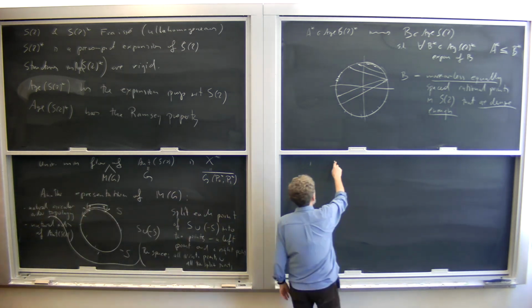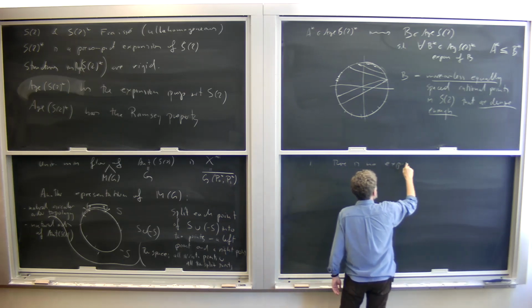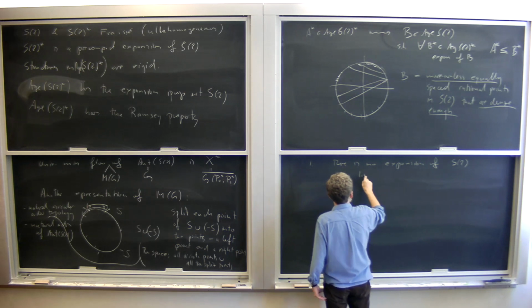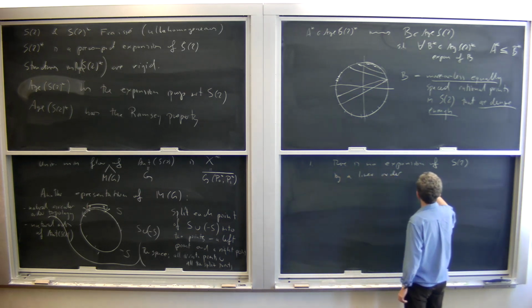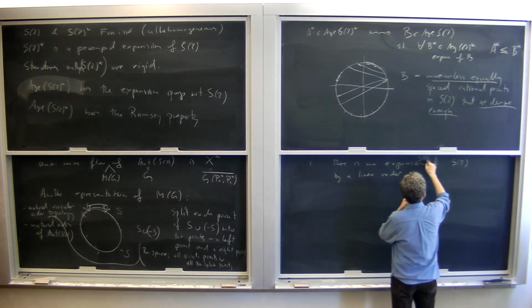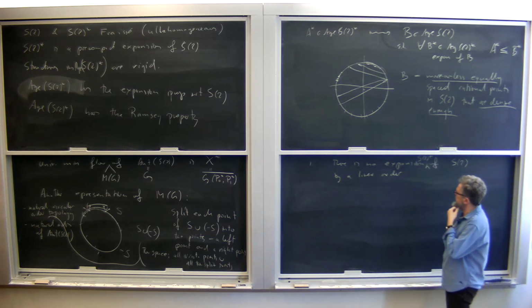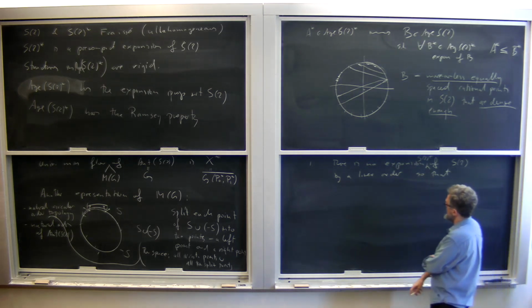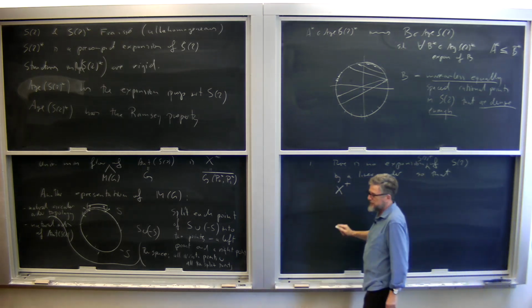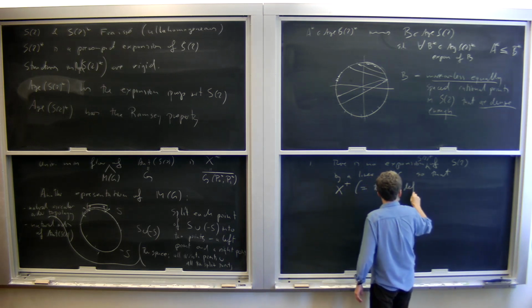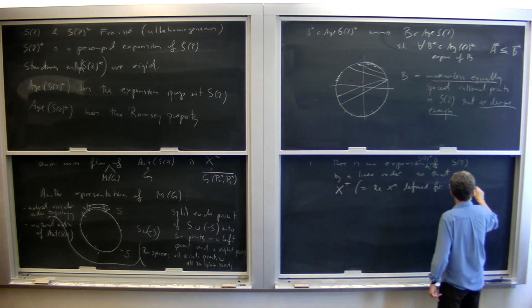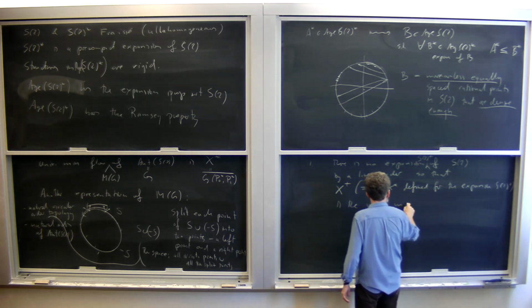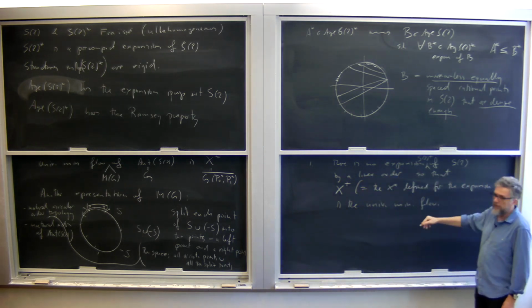Let me call the expansion S2 plus, to distinguish it from S2 star, by a linear order, and I will write X plus for the X star defined for the expansion S2 plus. It is the universal minimal flow.